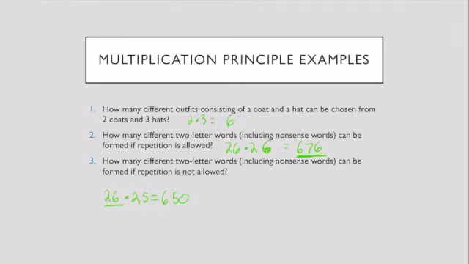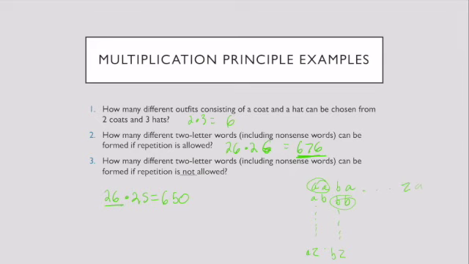Now, what if I wasn't feeling super confident about this? Well, I know that any 2-letter word, including nonsense words, can be formed. I'd have 676 of them. So I'd have AA, AB, all the way to AZ. Then the pattern repeats again. I have BA, BB, BZ. You can see here I have a letter with repetition.